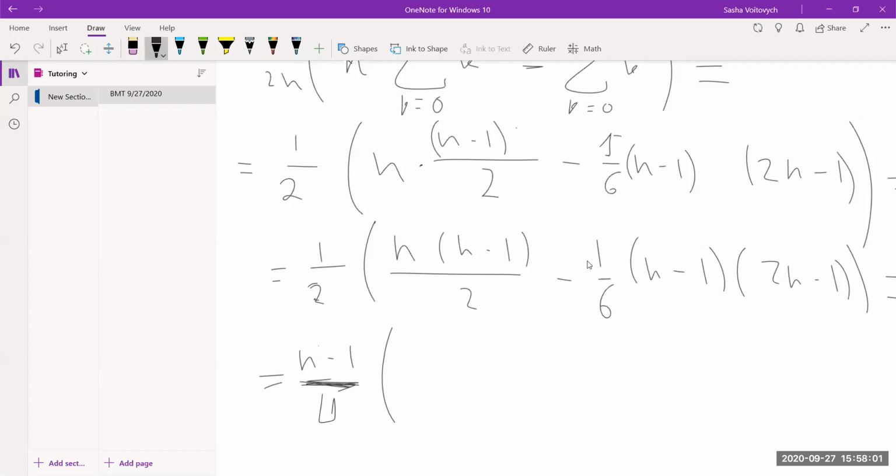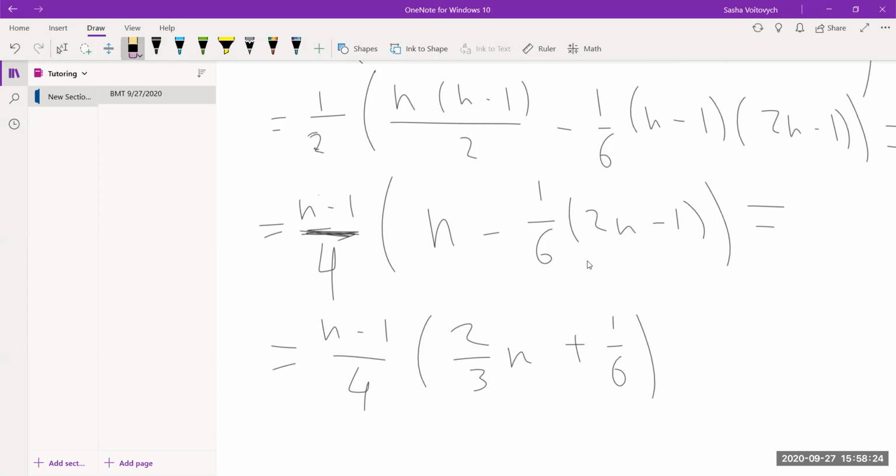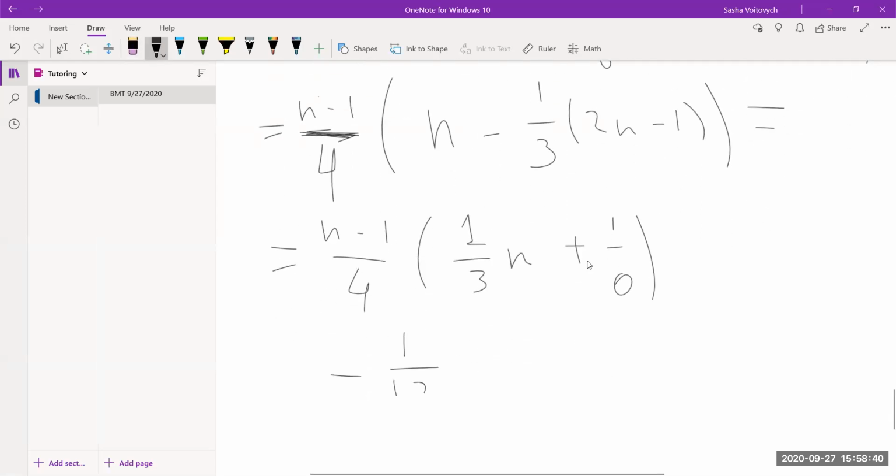So this would be n minus 1 over 4, n minus 1 over 6 to n minus 1, okay? Which is just n minus 1 over 4 times 2/3 of n plus 1 over 6. No, this is 1/3. Yeah, 1/3. And this is also 1/3. So this is our polynomial, basically. So we just have to plug in n equals 0, which would give us the answer minus 1 over 12.